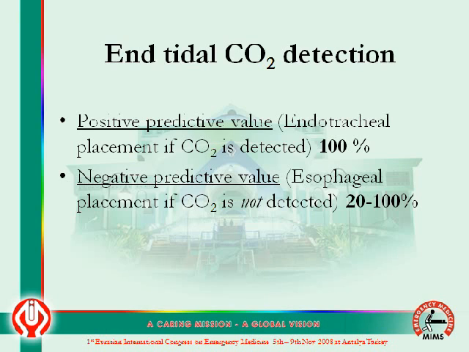A positive predictive value means endotracheal tube placement if the carbon dioxide is detected. And it also has a negative predictive value of 20 to 100%. That means esophageal tube placement if carbon dioxide is not detected.